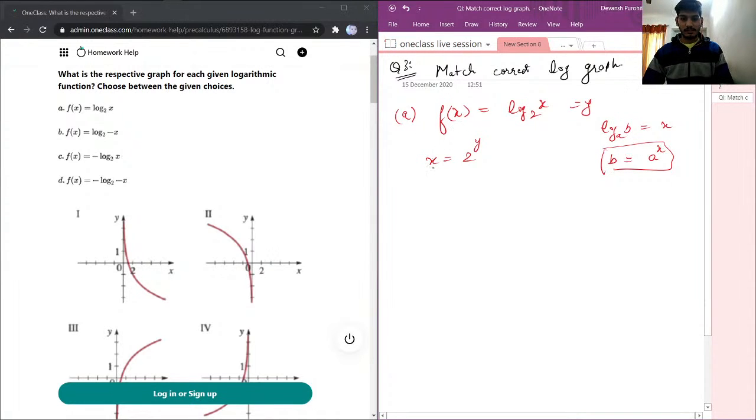Now we have this modified function. I'll just put the value of x as 0. Then 0 will be equal to 2 power y, and this will be infinity. So I shouldn't be using 0, because if I take x as 0, then log of 0 is not defined.